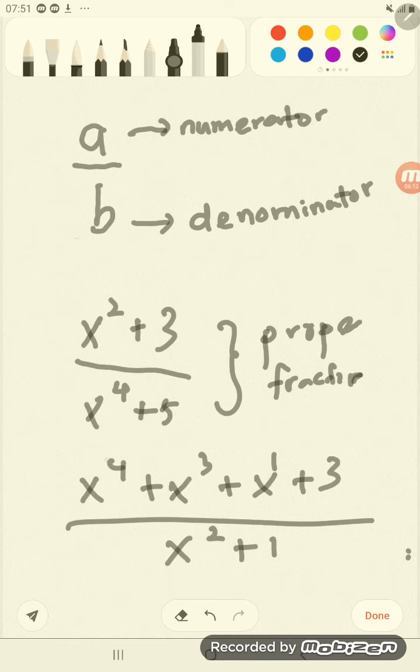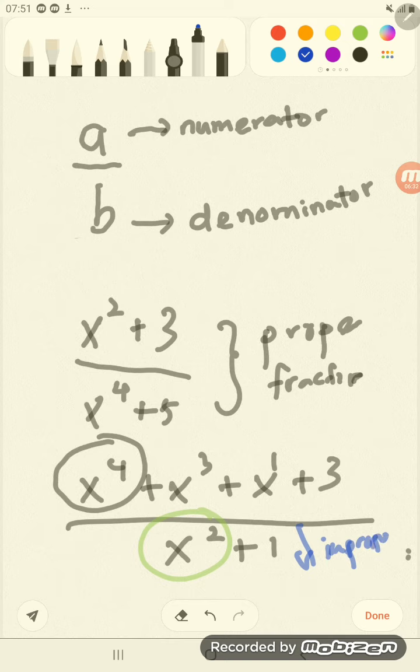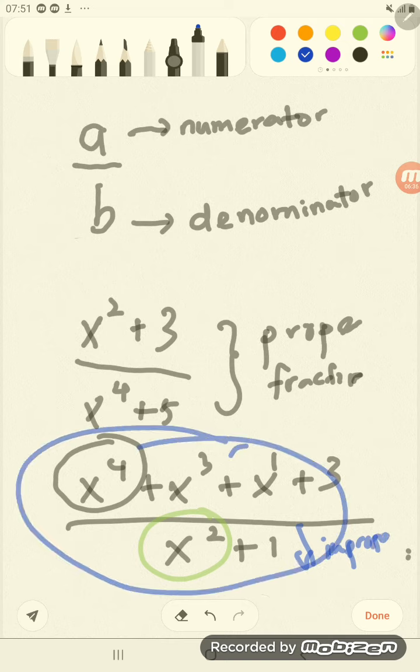Basically we go for the highest power. The highest power here is x to the power of 4, and the highest power for this part is x to the power of 2. So we can see that the upper part is greater than the bottom one, so we call this an improper fraction. It will be an improper fraction for the whole thing.